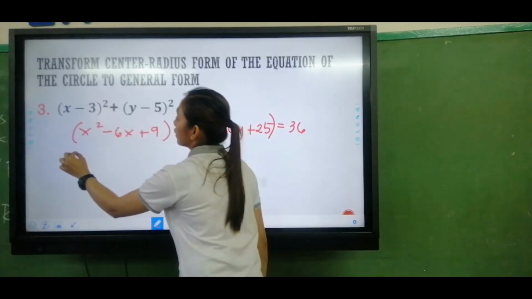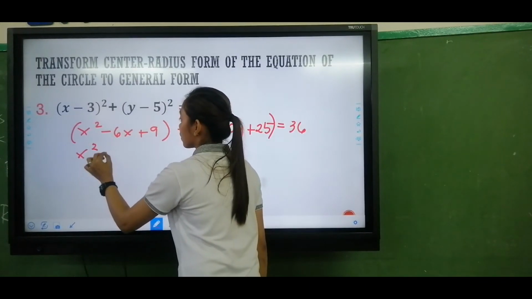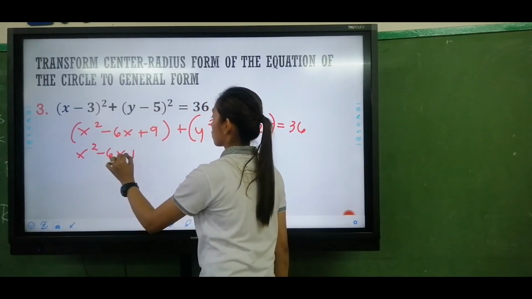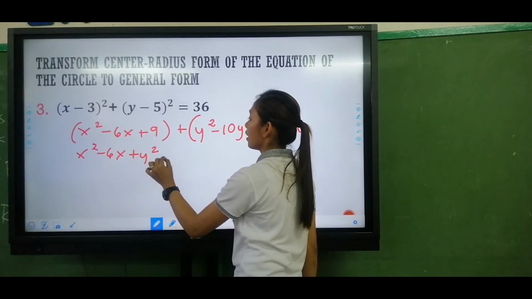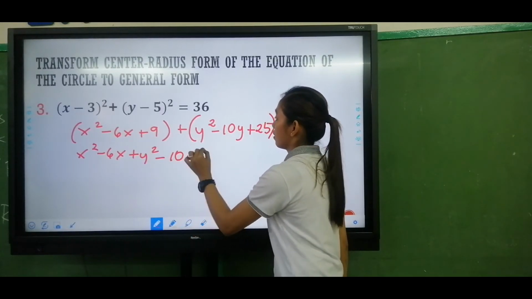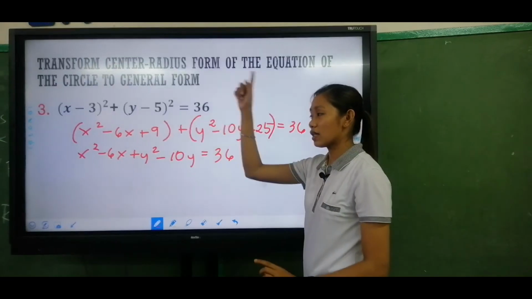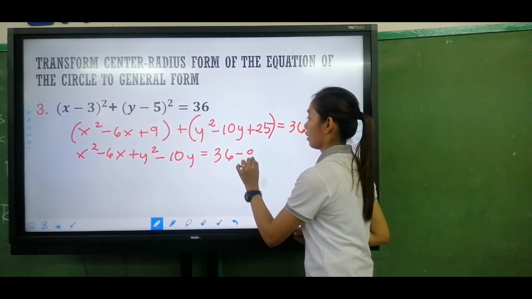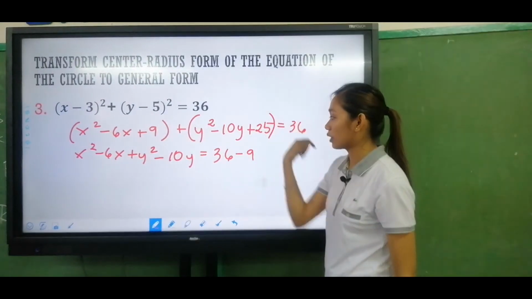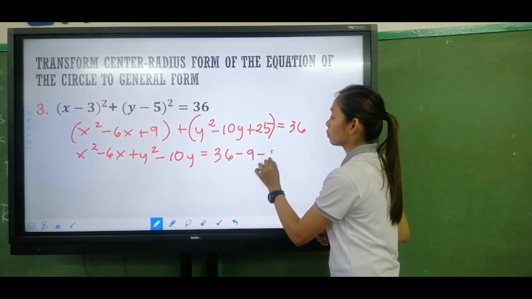Transpose ulit natin sa right yung mga constant. So matitira x squared minus 6x plus y squared minus 10y is equal to 36. Positive si 9, pag nilipat, negative 9. 25 positive, pag nilipat, negative 25.